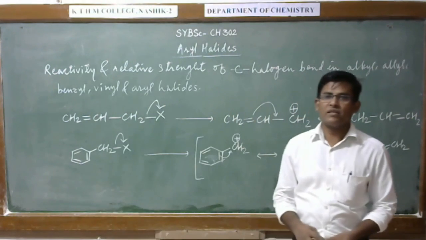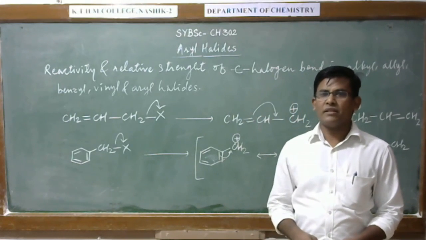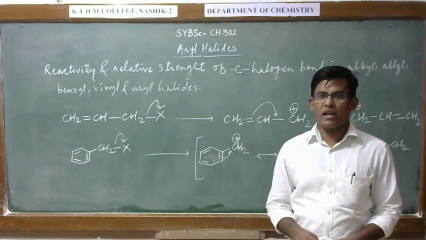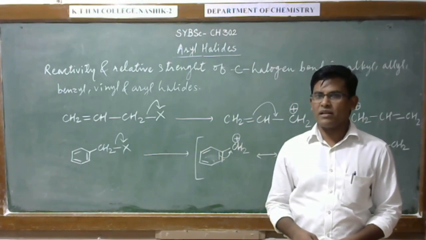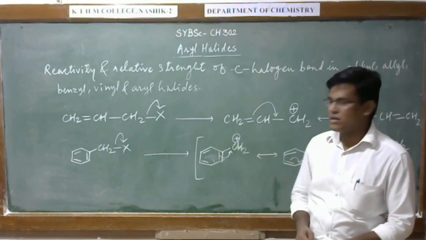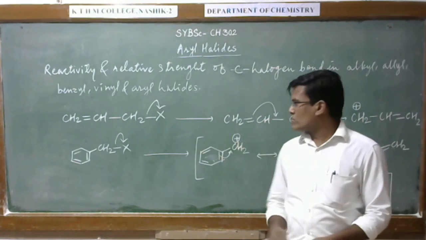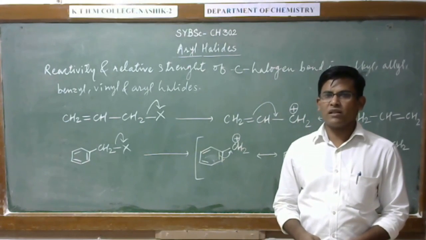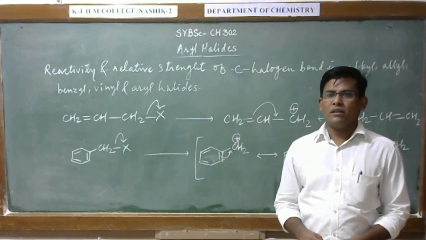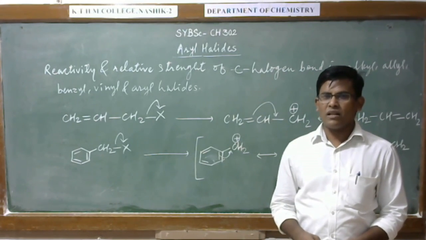So in this way, primary allyl halide and benzyl halide can show the higher reactivity. Alright. So this is all about the reactivity and relative strength of the alkyl, allyl, vinyl and aryl halides.